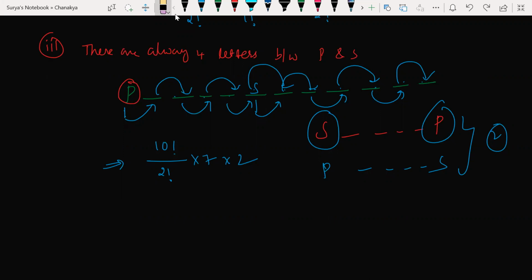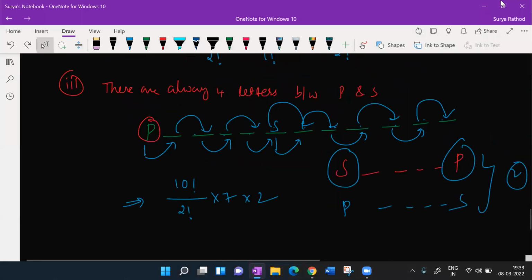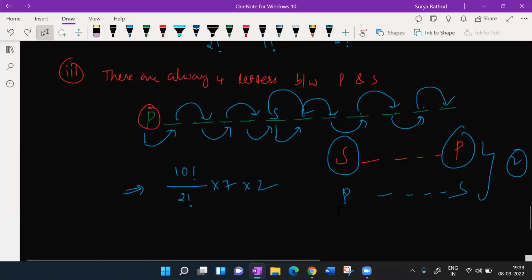Understood how I wrote 7 there and how I wrote 2 there? Understood or not, guys? Tell me, you have a right to talk to me. I don't know what happened to you all. You can talk to me freely. Adesha, any doubts? No, sir. Devanshika, Ravalika, Niyati, Chandrakant, Tanish.